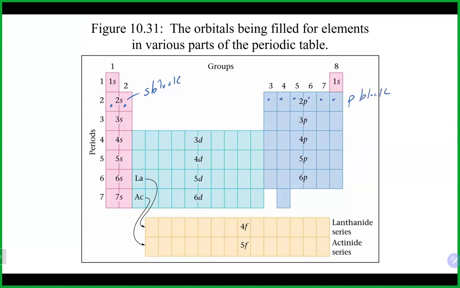Our transition metals here have 10: 1, 2, 3, 4, 5, 6, 7, 8, 9, 10. And that's our D block here. And down here is really our F block, which, if you fill up the subshell, has 14. If you count all the way across there, you will have 14 little boxes.